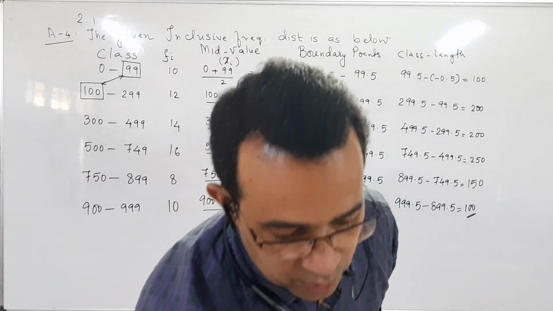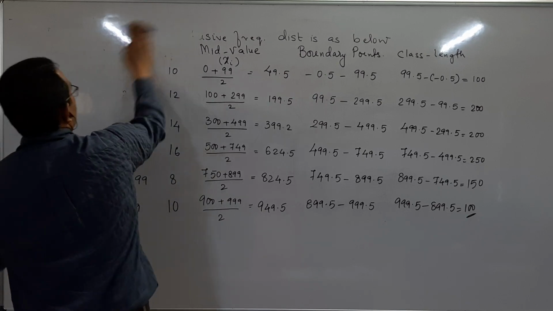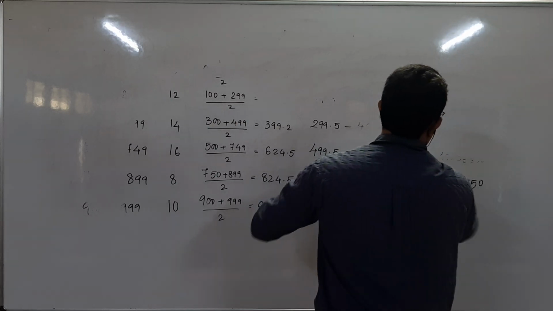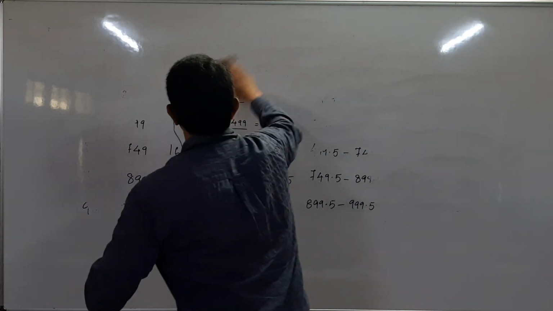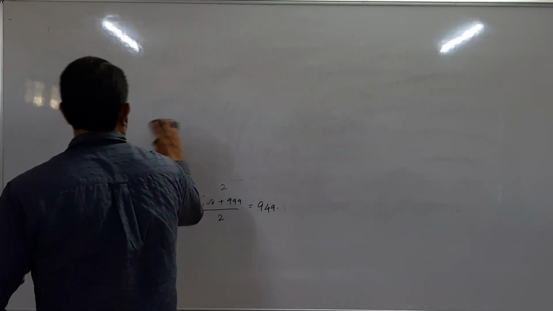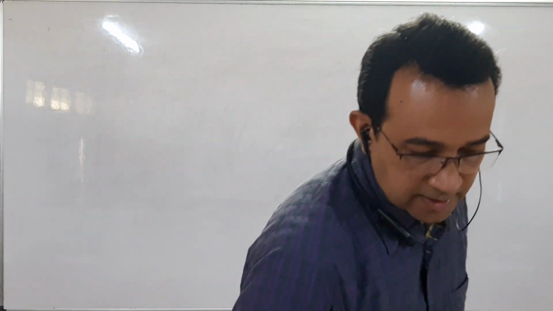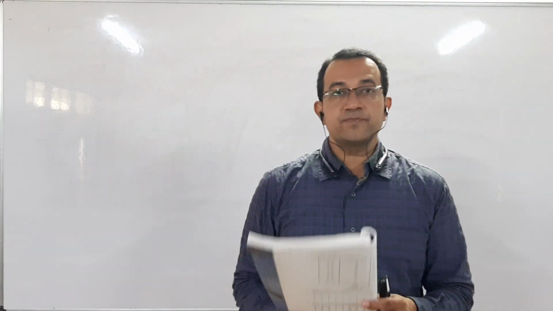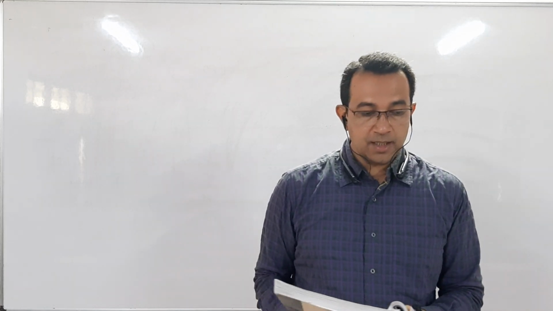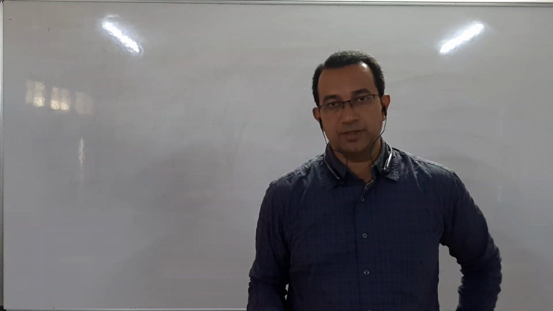Okay, now students we will do sum number 8. The question is that mid values are given, class length is given, frequency of course given, obtain original frequency distribution.